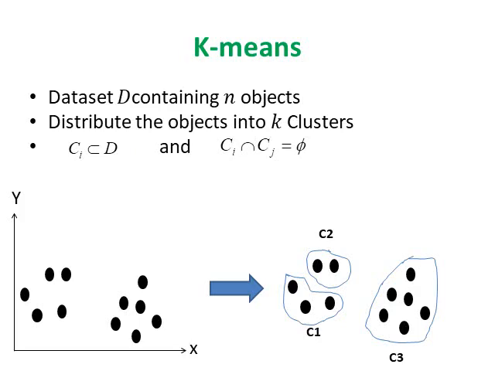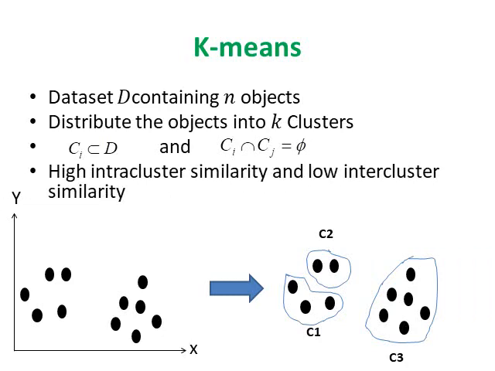The main objective function of K-means clustering is high intra-cluster similarity and low inter-cluster similarity, such that objects within a cluster are similar to one another but dissimilar to objects in other clusters.